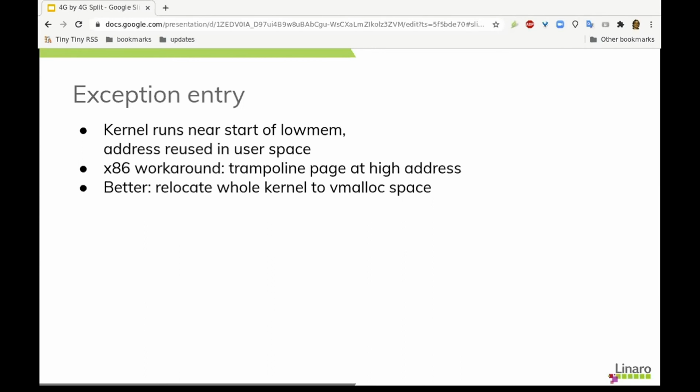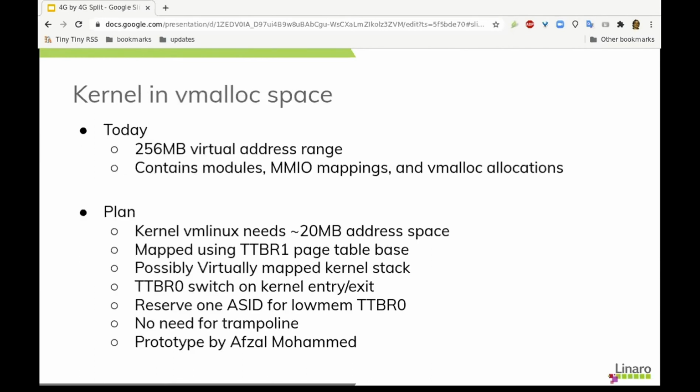But what I think would be better for a number of reasons here is to have the vmalloc space permanently mapped. User space would still not be able to access it, just as it isn't now. But it would be there, and all the exceptions could just point in there, and we need to move the kernel into it.